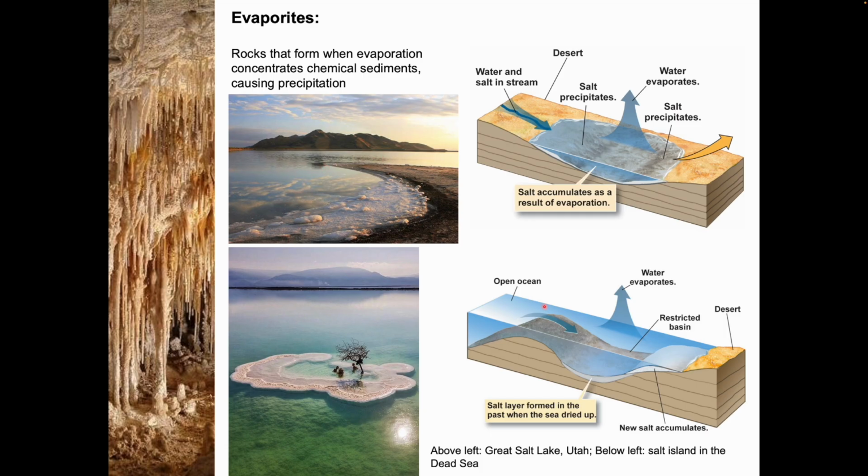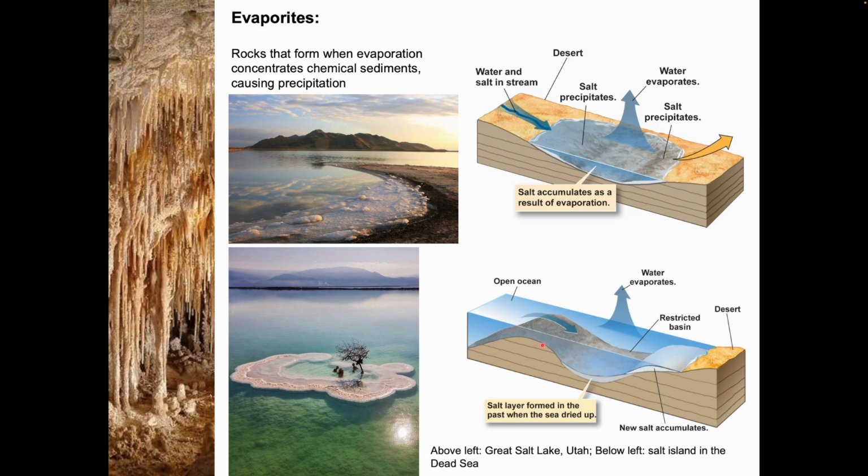But you also find them in areas where basins are sometimes filled up by the ocean and sometimes not filled up by the ocean. Down below we see there's this smaller basin separated from the main open ocean by this small ridge. And as ocean levels rise and fall over geologic time, that basin will sometimes be connected to the ocean, which allows new water to come in, and sometimes it will be disconnected from the ocean.